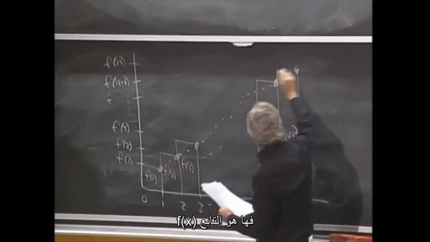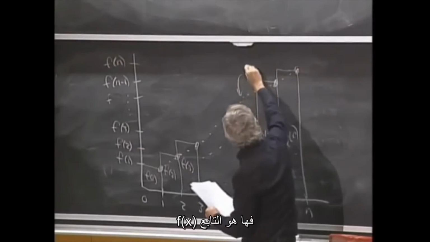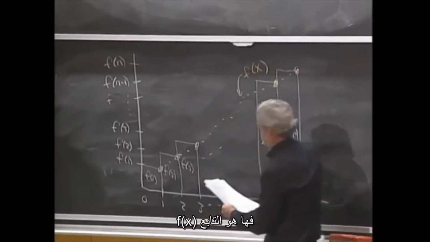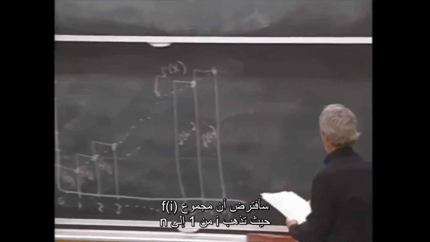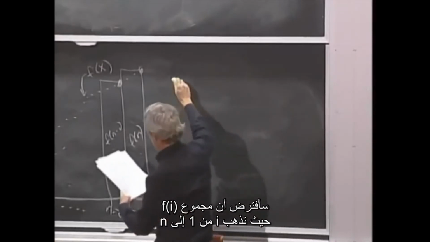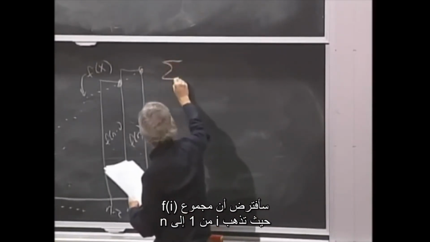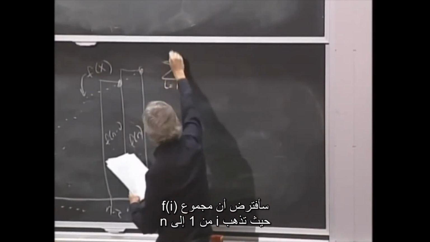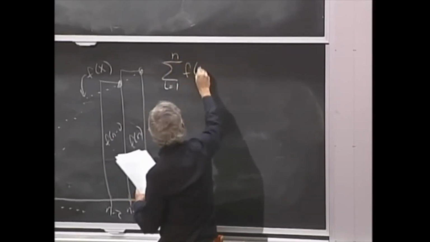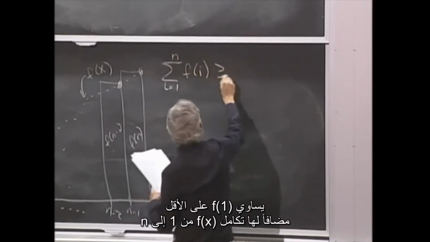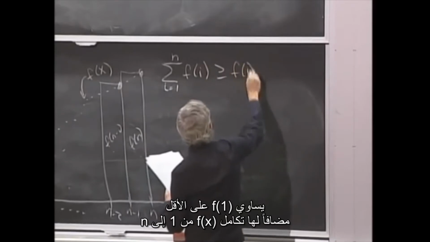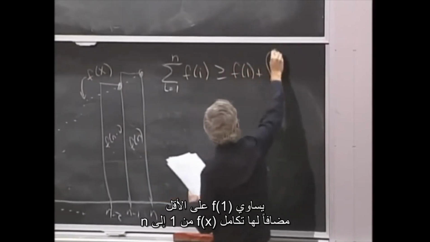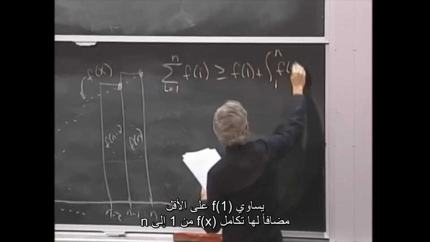All right, so this is f of x as a function. Now I claim that the sum from I equals 1 to n of f of I is at least f of 1 plus the integral from 1 to n of f of x dx.